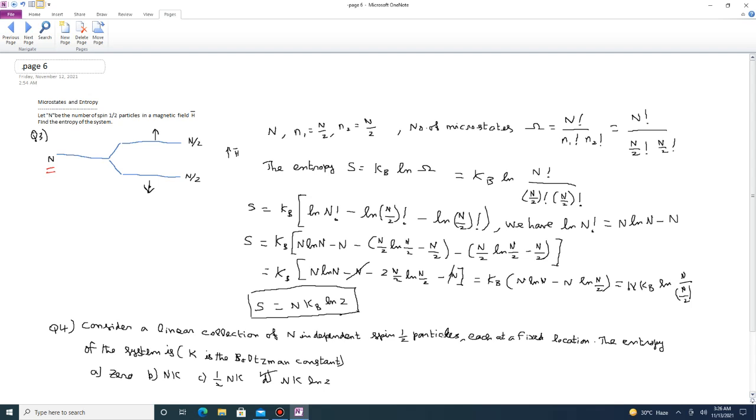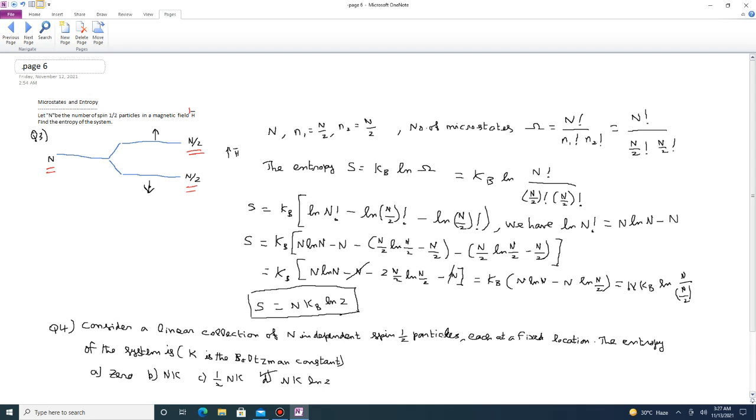So here N by 2 particles will be spin up and N by 2 particles spin down, split into the two energy levels.